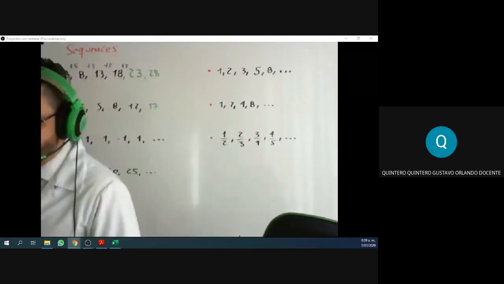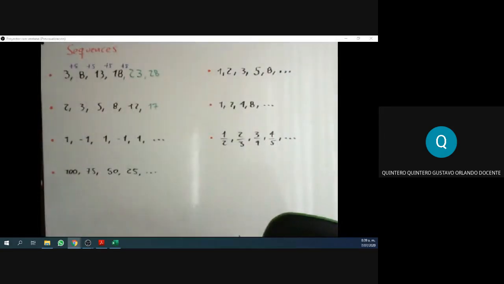What would be the organization here? From 2, the second number is the 3, so I added a 1. But if I add a 1 here, the next number would be 4, and it is not. In fact, I have to add 2.